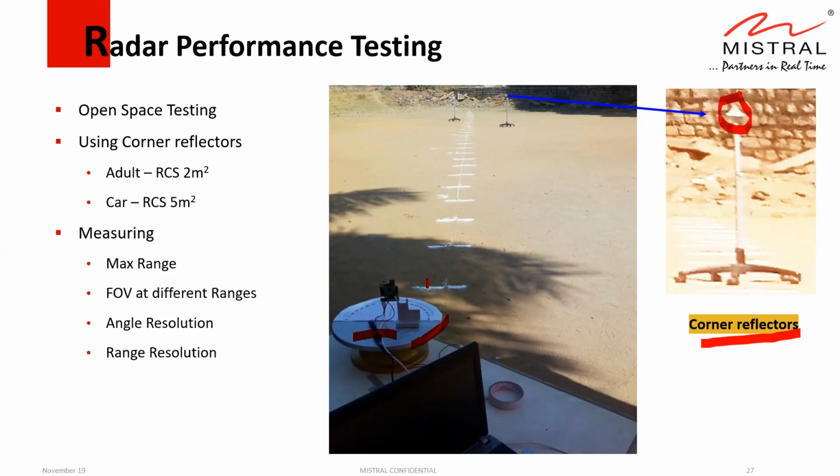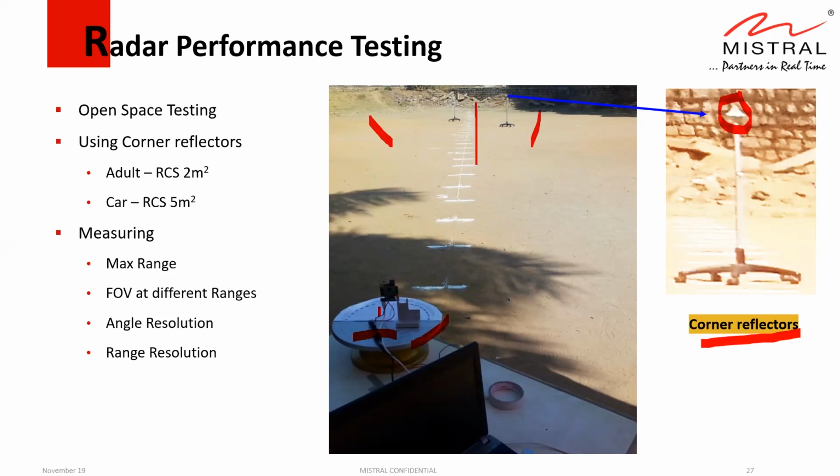You need to mark the ground in such a way that you place the corner reflectors at the different ranges and also different angles. When you do the test, when you transmit and receive, this gives almost 80 to 90% accuracy, closer to the use case.